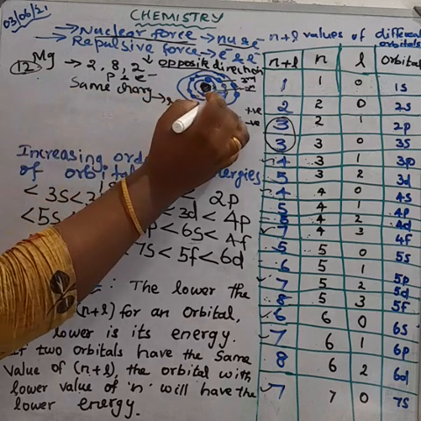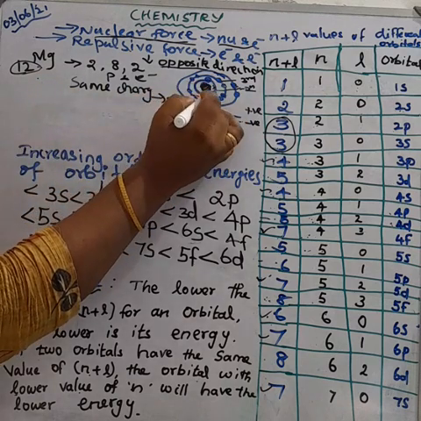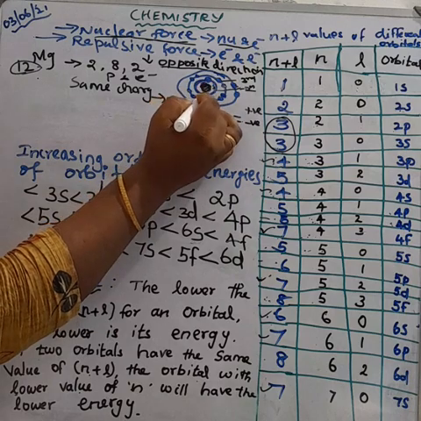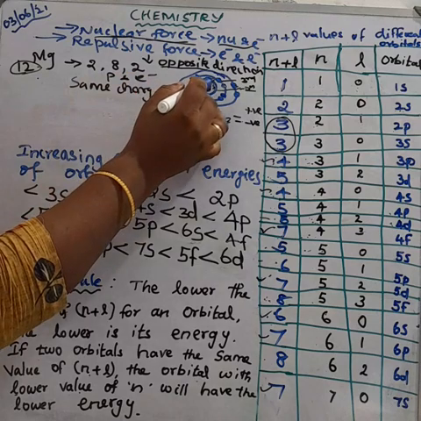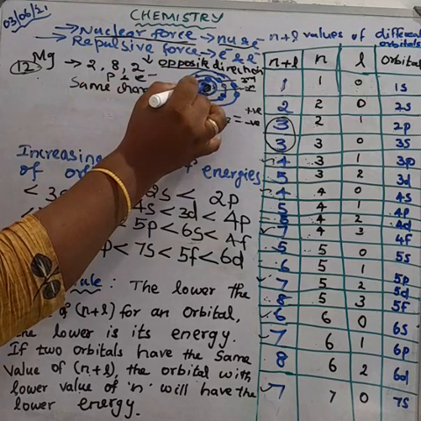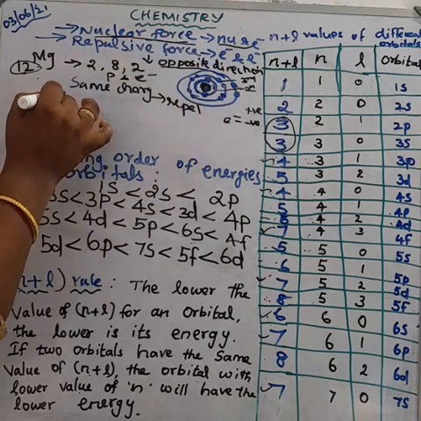Between the first shell and the nucleus there is no such repulsive force, so the first shell electrons feel a very high nuclear force.